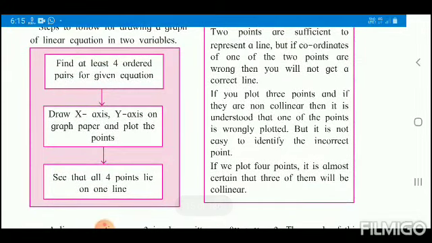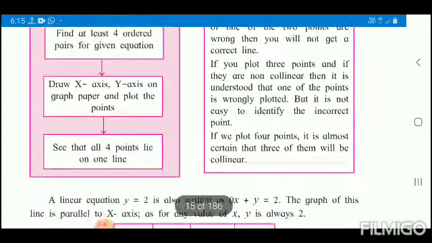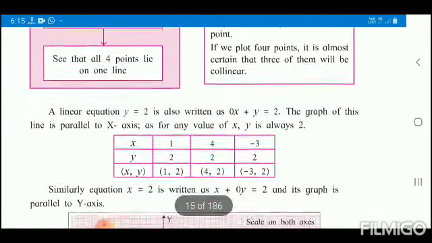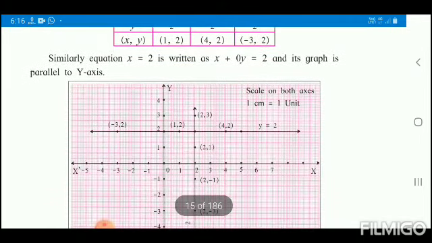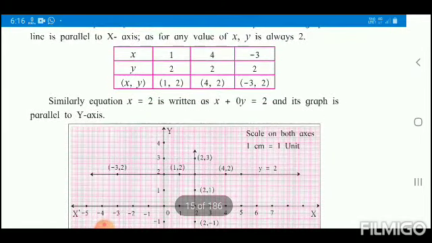If you plot 3 points and they are non-collinear, then it is understood that one of the points is wrongly plotted. But it is not easy to identify the incorrect point. So if we plot 4 points, it is almost certain that 3 of them will be collinear points. So here we had taken the values of the x and y coordinates.